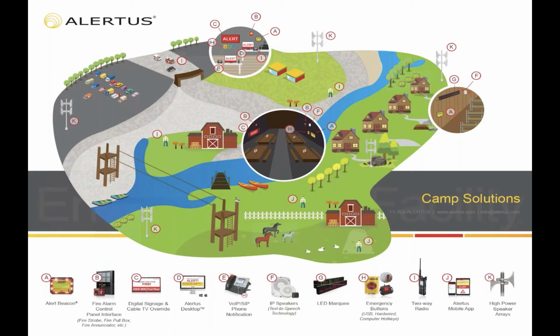Question 2, can the Alertus system contact parents of campers in a situation? Yeah, absolutely. As we discussed earlier, we have a couple different ways we can notify our visitors or parents who are not going to be on the campgrounds. The first option that we would recommend is the Alertus recipient app, which has the ability to notify everybody with a message that comes across their phone with a push notification.